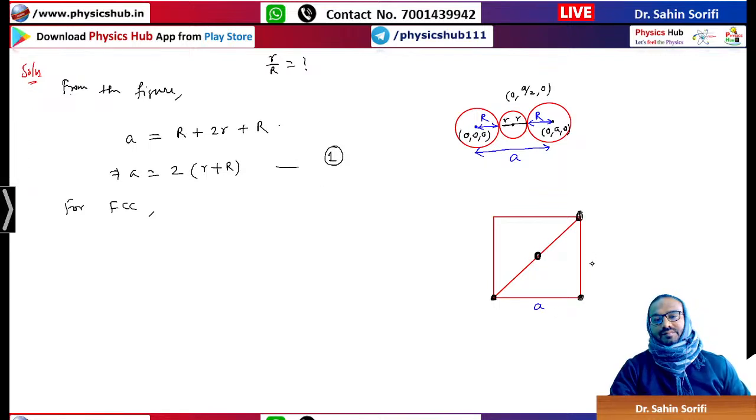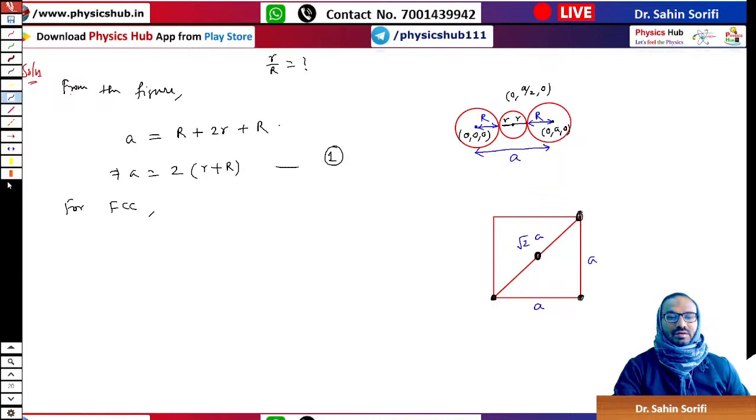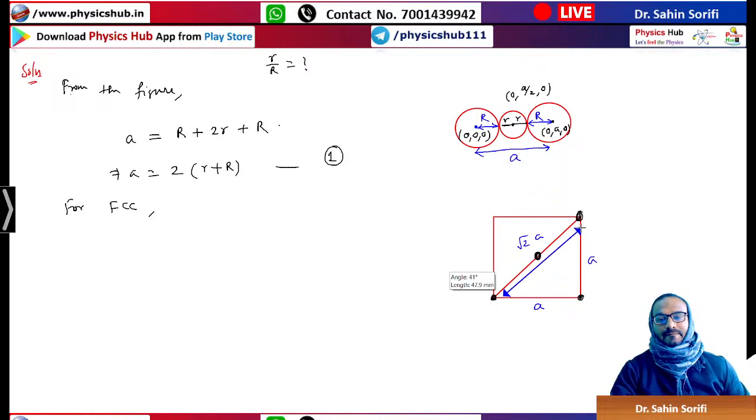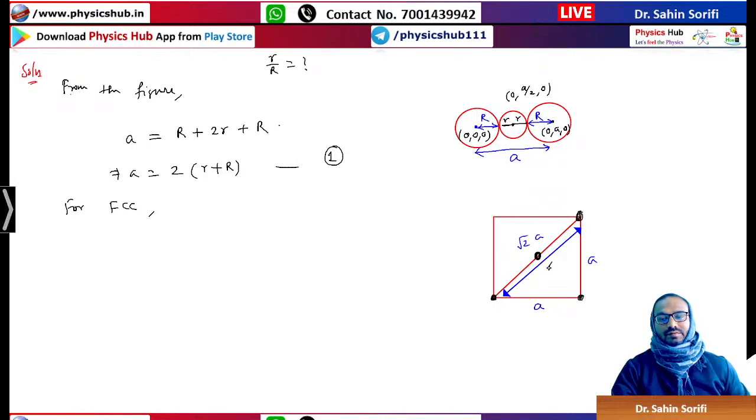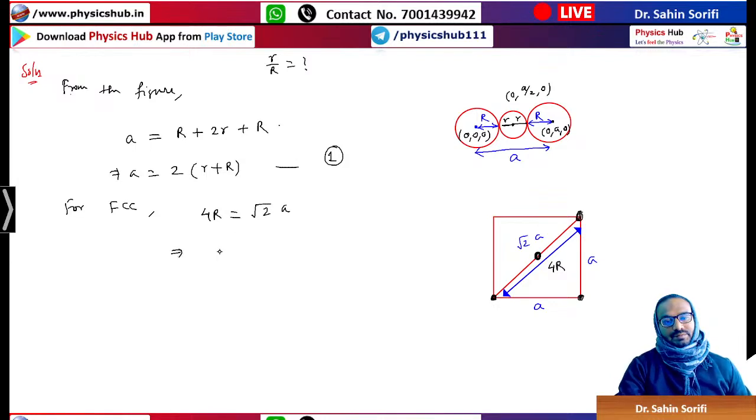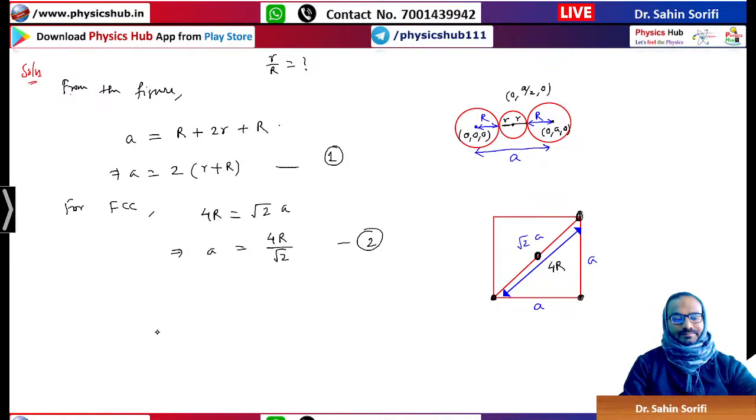If this is a, this is a, this is root 2a, and this distance is 4r. They have taken the radius of the atoms to be capital R, that is why we are taking capital R. So 4R is equal to root 2a. So a is equal to 4R by root 2. Let's say this is equation number 2.